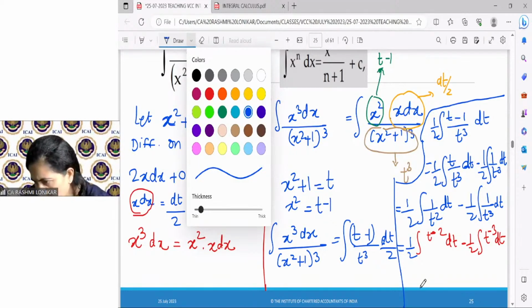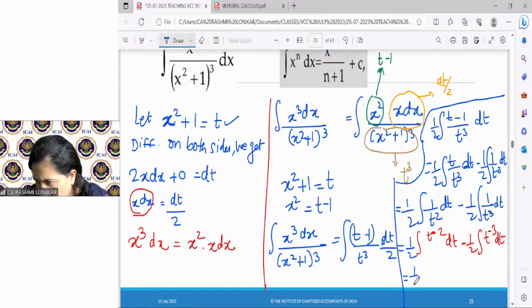So what do I get? This is equal to 1 half. t raised to minus 2 plus 1 is t raised to minus 1, and here you will have t raised to minus 3 plus 1, which is t raised to minus 2.